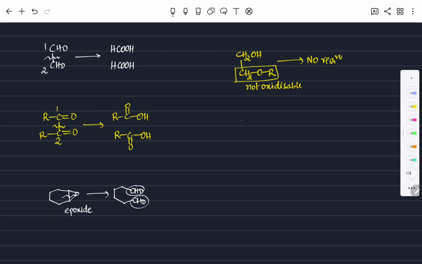For example, CH2OH, CH2, CH2OH. In this case, 1,2 is not oxidizable, and again 1,2 is not oxidizable. So this 1,2 bond is not breakable, and this 1,2 is also not breakable. That's why no reaction.